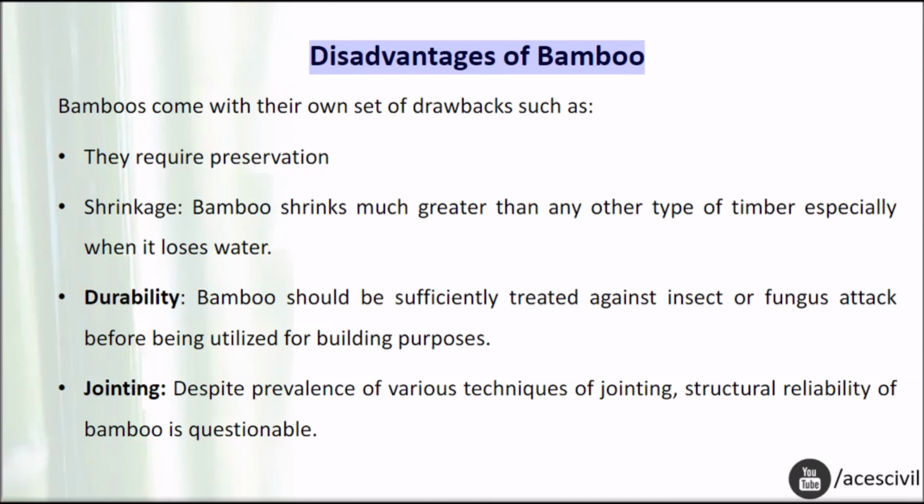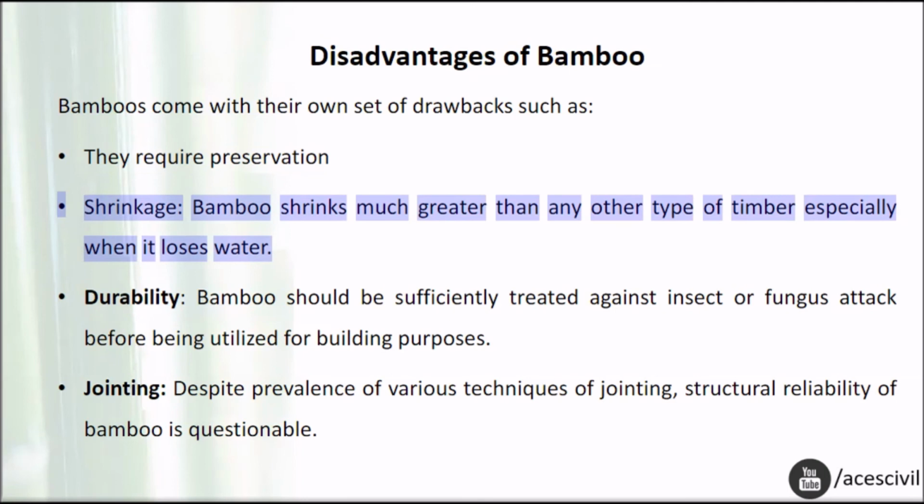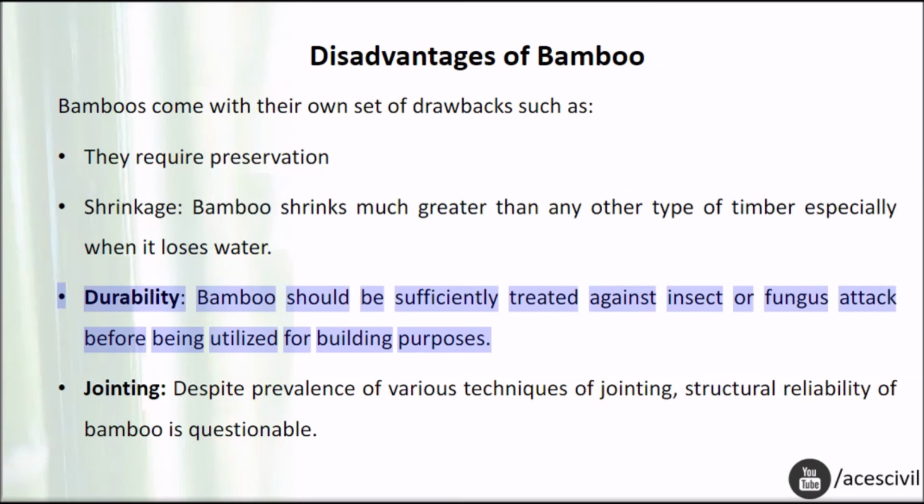Disadvantages of bamboo. Bamboo comes with its own set of drawbacks, such as: it requires preservation. Shrinkage. Bamboo shrinks much more than any other type of timber, especially when it loses water. Durability.